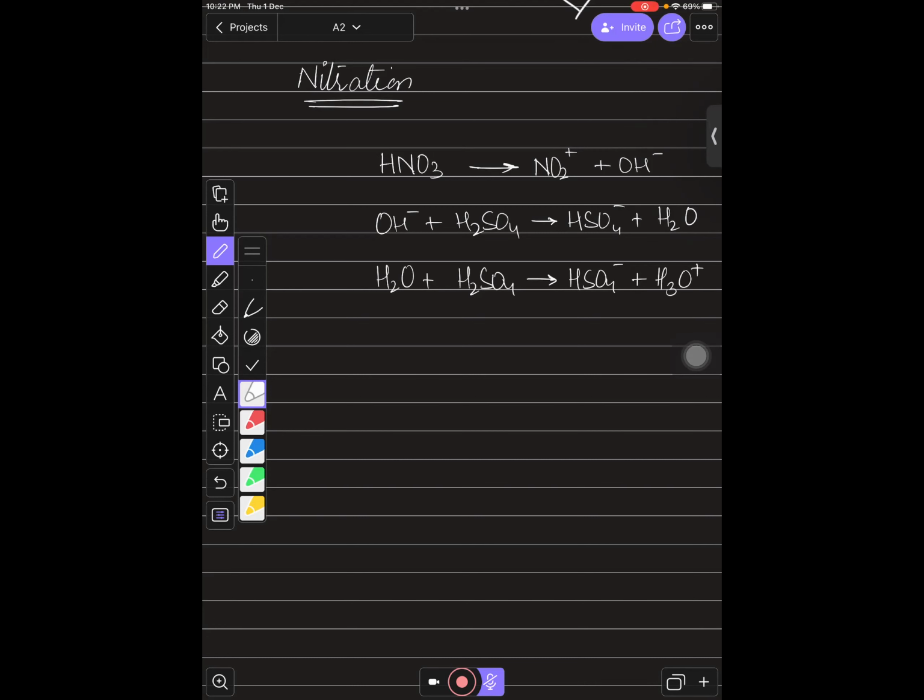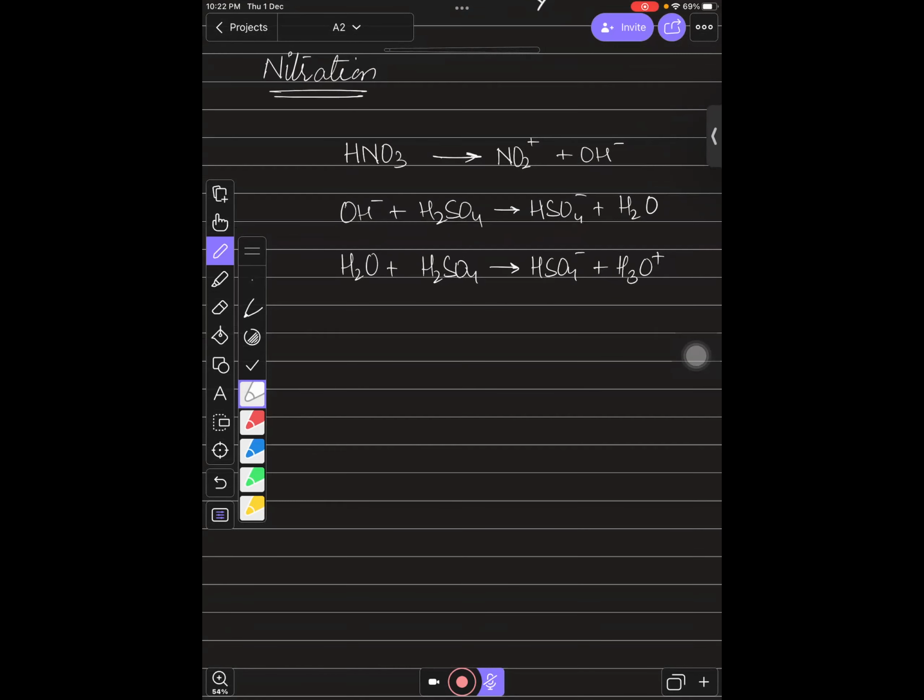Right now, these equations are not necessary for you, but I am just going to show you the mechanism, what's going on inside. The equation which is very important for you is the equation for the formation. So this is not important. The important one is the one I am writing right now, the overall equation. You can see this hydroxide, which is an intermediate, will be cancelled by this hydroxide, and the reactants we have are only nitric acid and sulfuric acid.